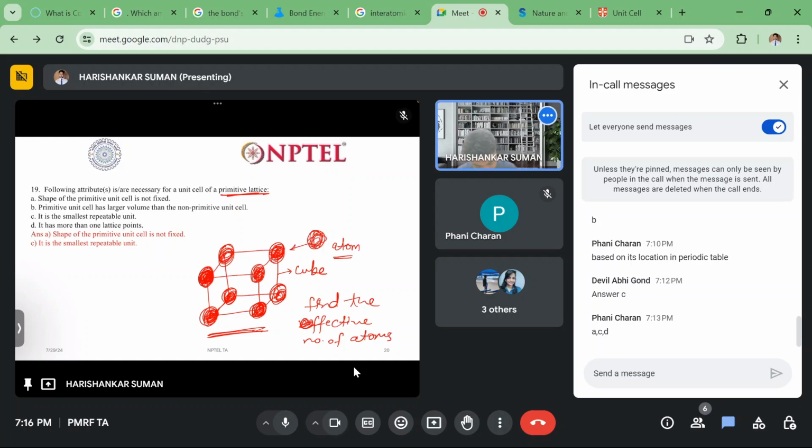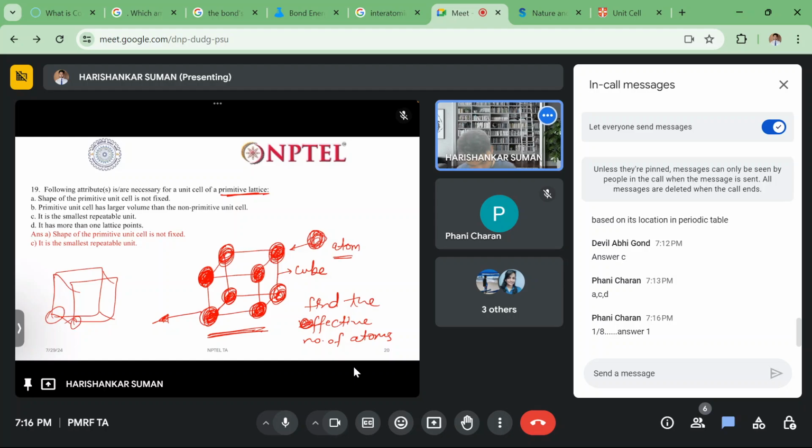What is the sharing of this atom inside this cube? One atom is inside totally.